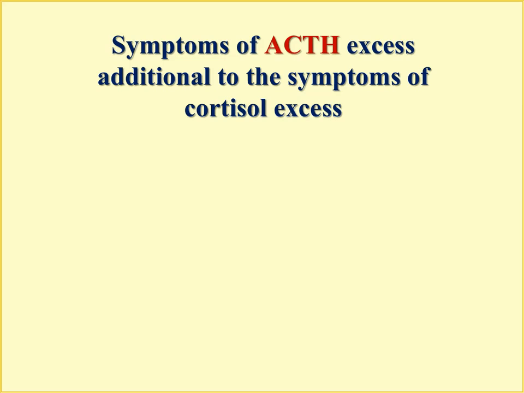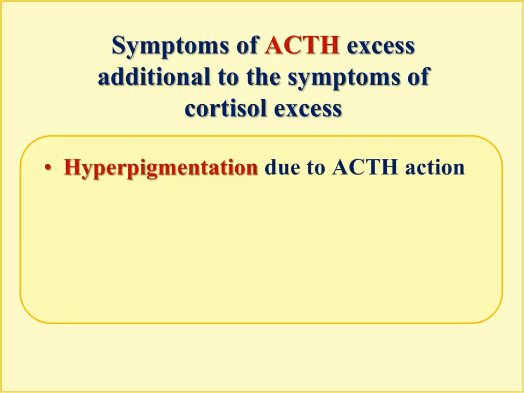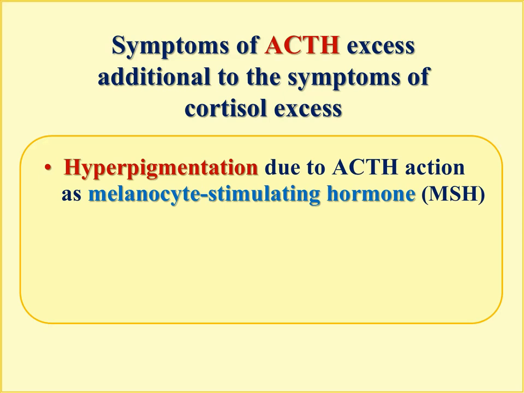For example, increase of glucose. ACTH stimulates glycogenolysis, and finally glucose is increased, so it may contribute to diabetes formation and so on. Then there is the effect of stimulation of melanin production in cells, because ACTH operates instead of melanostimulating hormone. It performs the function of melanostimulating hormone.